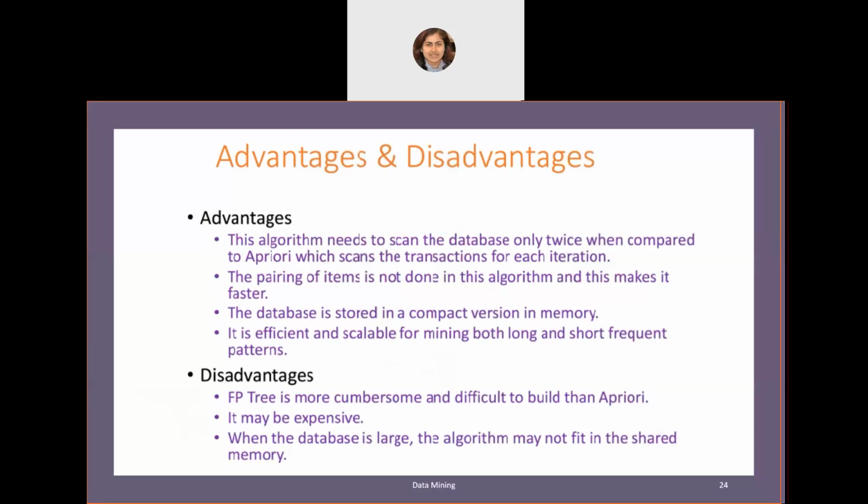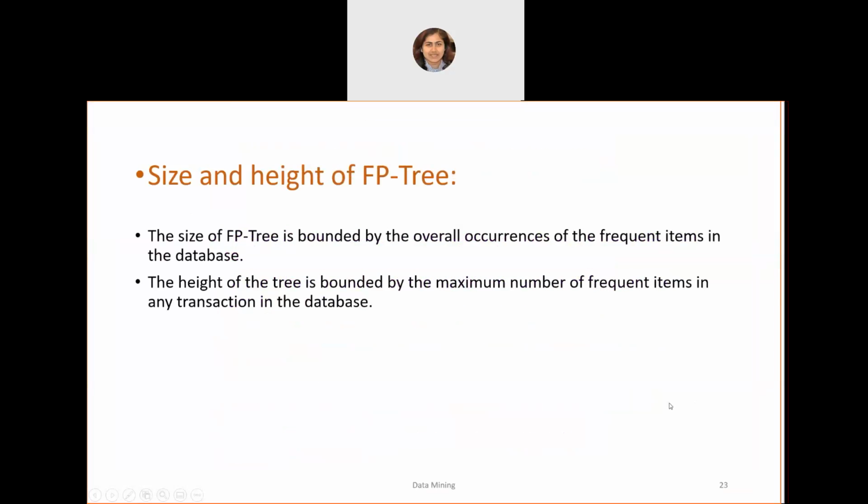It is stored in a compact version and it is more efficient for large item sets or long or short frequent item patterns. Then the disadvantages: it is a bit difficult to build the FP tree for every item. That is another disadvantage. Sometimes if you have a large set of data items, then it can be expensive. Okay, and in that case you may approach the Apriori algorithm. Okay. So these are the basic steps.